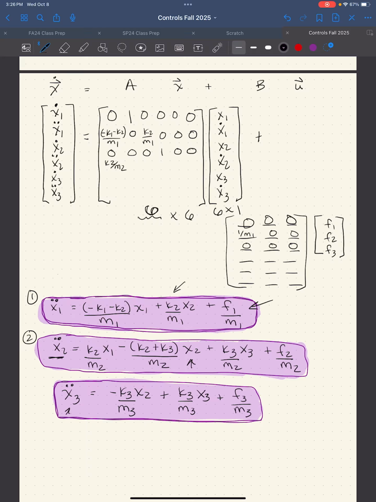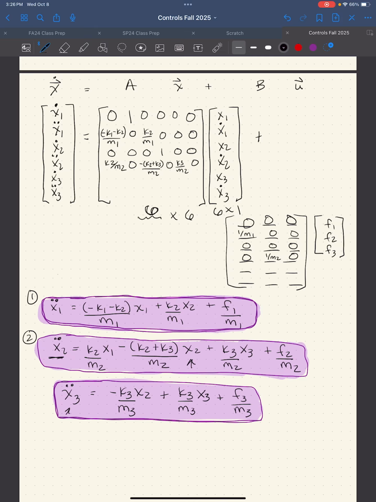No X1 dots, so 0 there. X2 is going to be minus K2 plus K3 over M2. No X2 dots. X3 is K3 over M2. And no X3 dots. And then I have a 1 over M2 times F2. So 0, 1 over M2, 0.